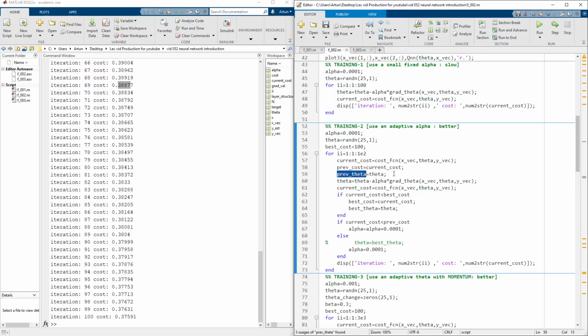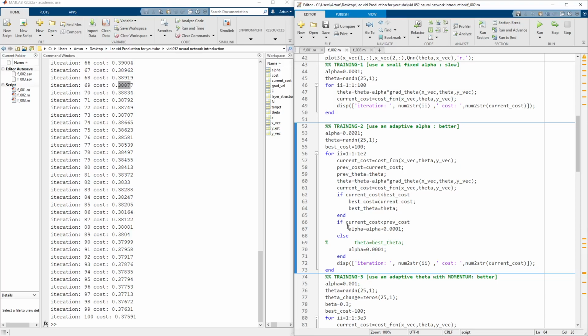This is previous theta, and update your theta value by using the gradient descent algorithm. Get the current cost, and if your current cost is better than your best cost, update your best cost and store that current theta value as the best theta value that you achieved.